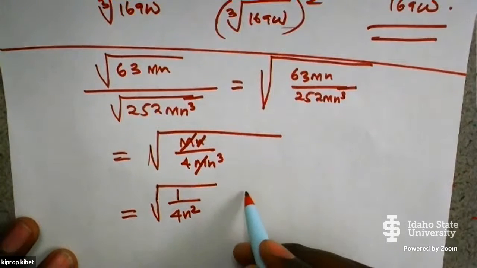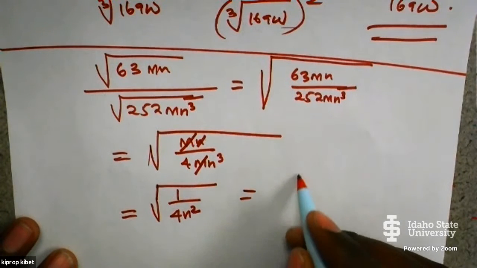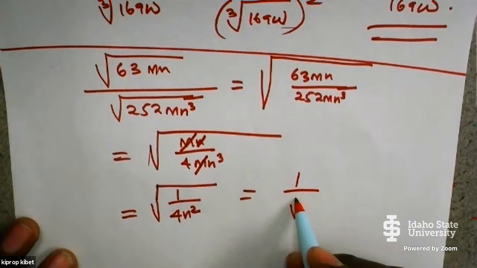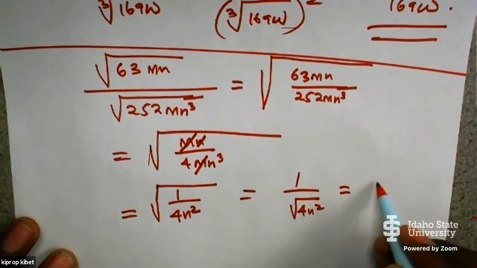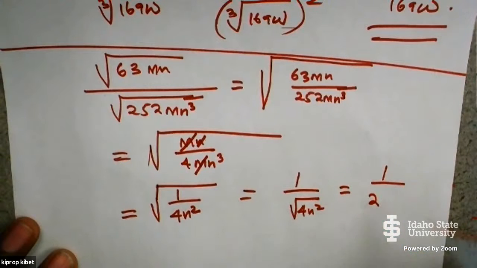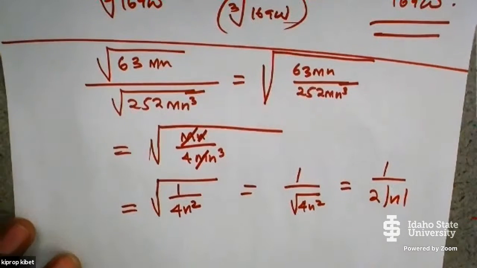This is similar to 1 all over the square root of 4n squared, because the square root of 1 is 1, which is now equal to 1 all over 2, the absolute value of n. 1 all over 2, the absolute value of n.